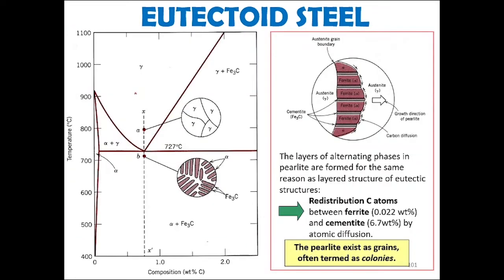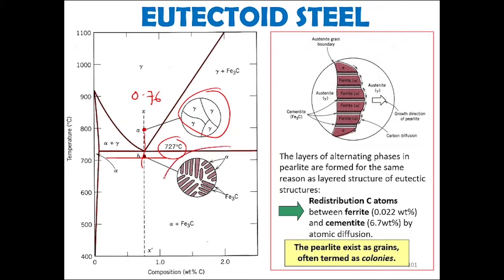At a composition of 0.76 weight percent of carbon in iron, we can see the transformation of austenite. This is the microstructure of austenite, which is FCC. When the cooling process drops the temperature below 727 degrees Celsius, the microstructure changes from austenite into pearlite, eutectoid steel.